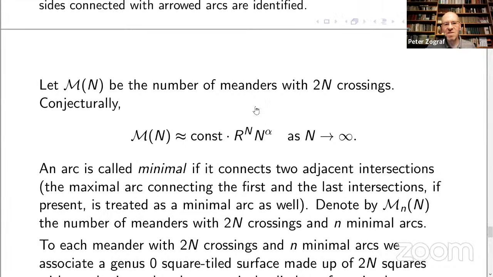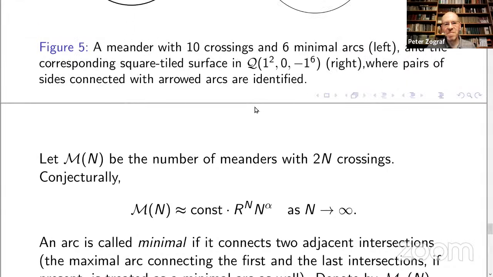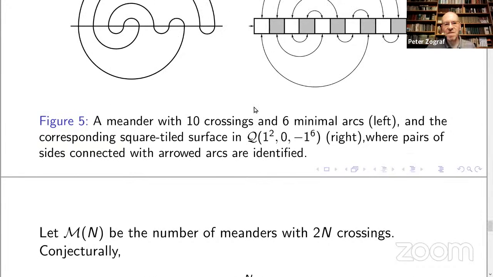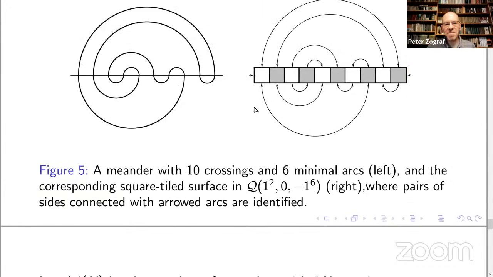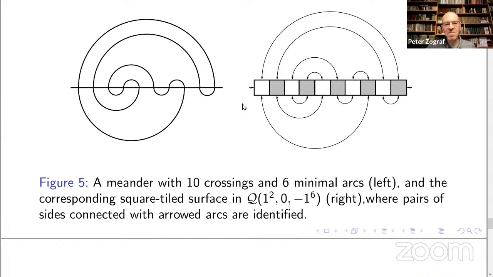So let's go back to the picture. On the left there is a meander with 10 crossings and 6 minimal arcs.